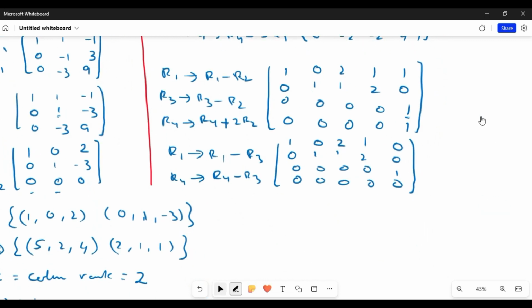Therefore, for the row space, now we will write the row basis.